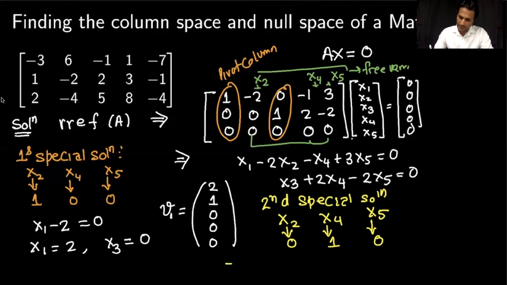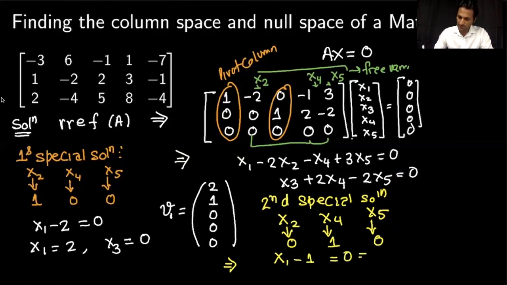So if I do that, I can see that if I plug back into this equation, the very first equation is going to give me x1. x2 is 0 this time, x4 is 1, and x5 is 0.